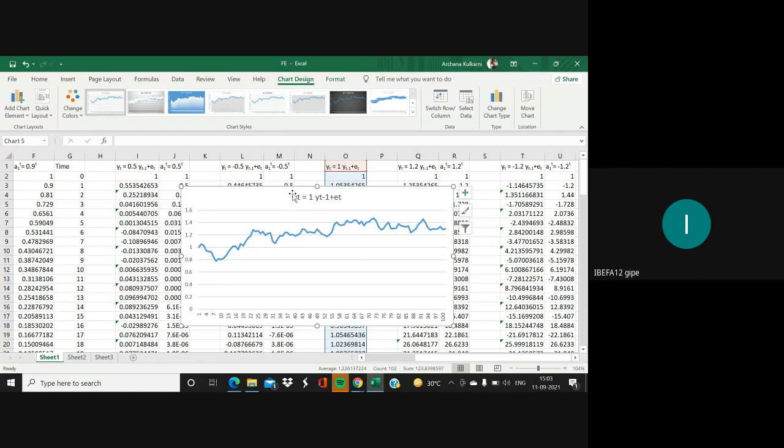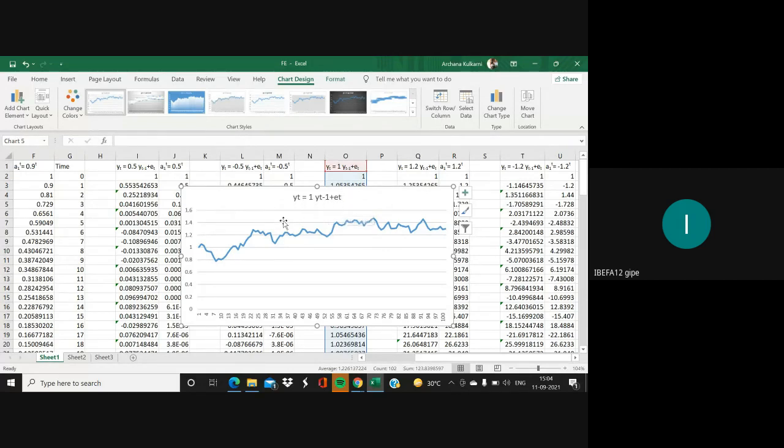Look at this equation, which I'm circling here. If I write it in the first difference form, what will I get? Yt minus Yt minus 1 is equal to Et.